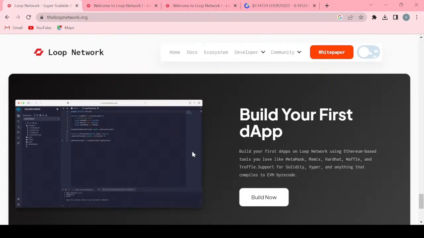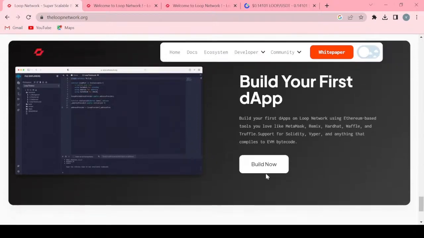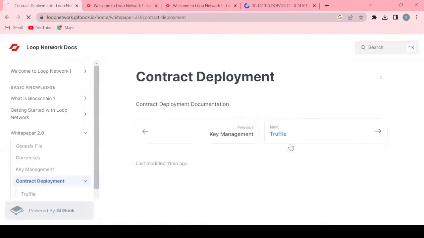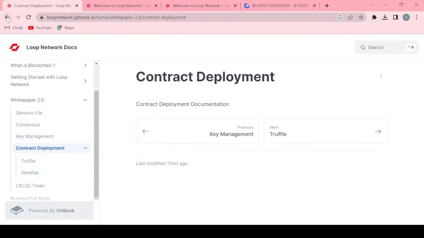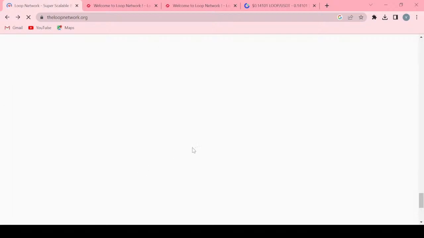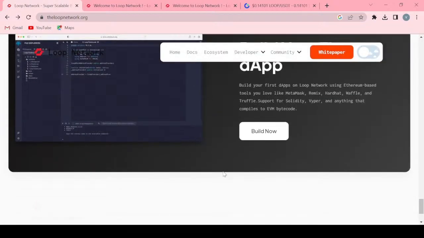We have already seen that it is the same as MetaMask, Remix, Hardhat, Waffle and Truffle, with support for Solidity, Vyper and anything that compiles to EVM bytecode. So we can build our own contract deployment and create our own contract with the Loop Network. We can easily build on the network now.